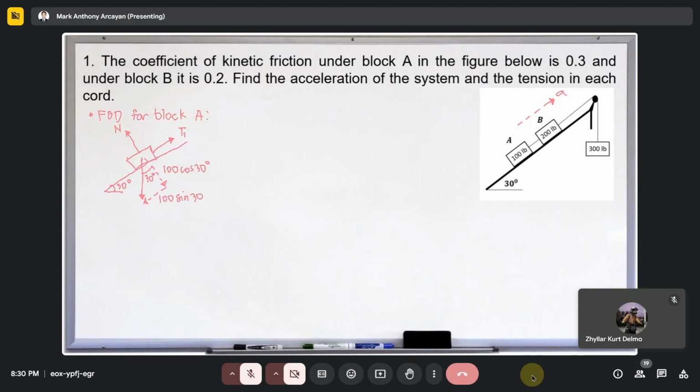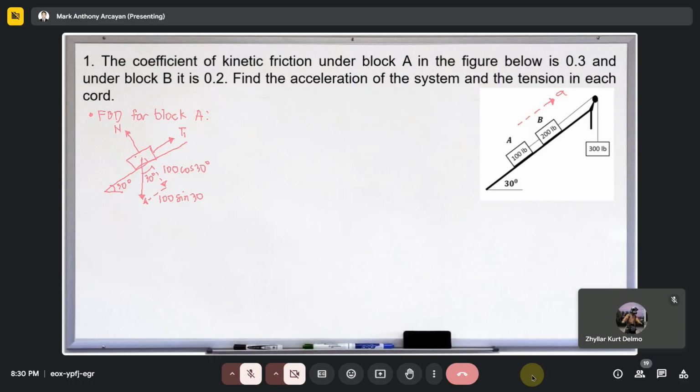Therefore, we will indicate that one in our FBD. But before that, class, we need to indicate first the direction of motion before we can plot the exact direction of the frictional force, because the direction of the frictional force has something to do with the direction of the motion.